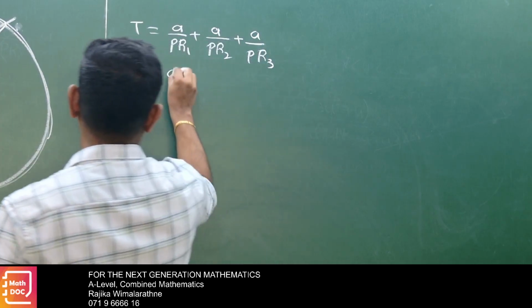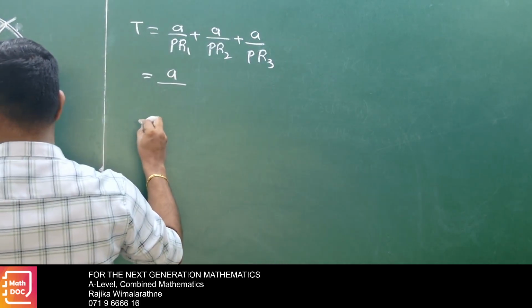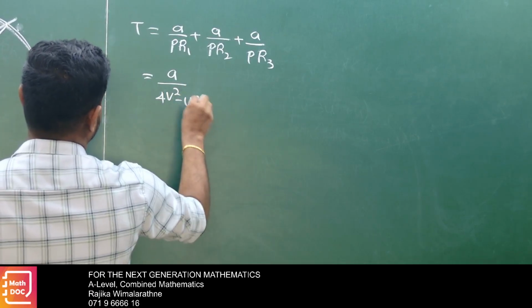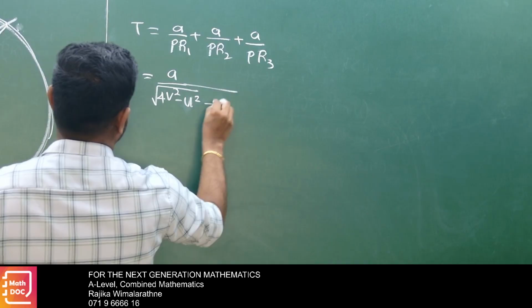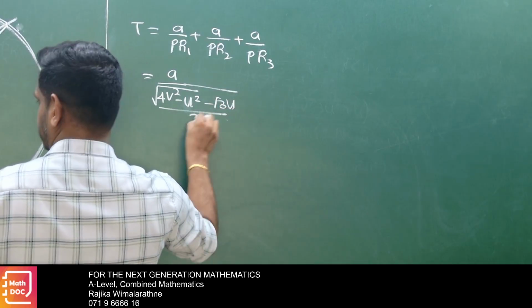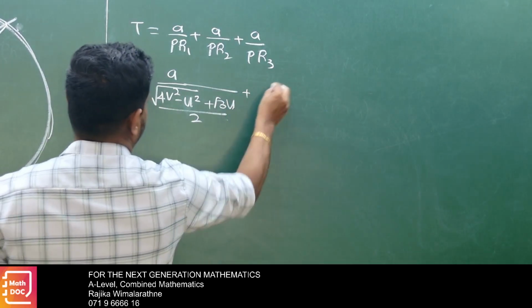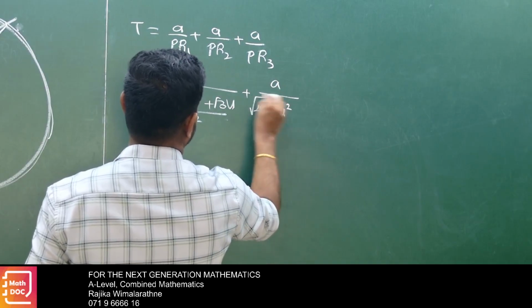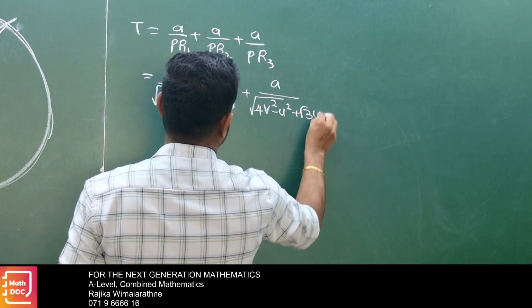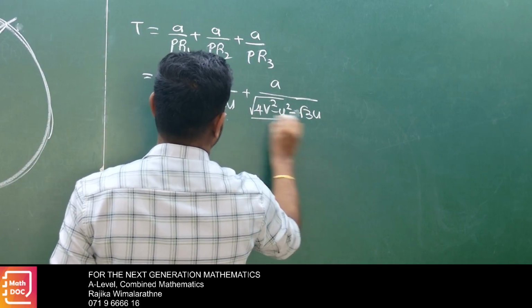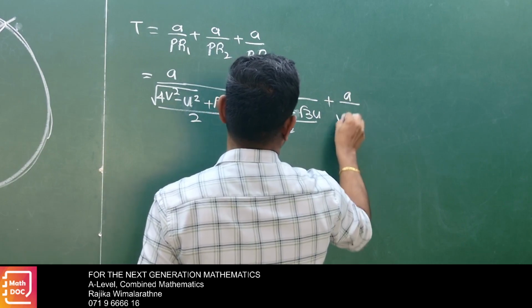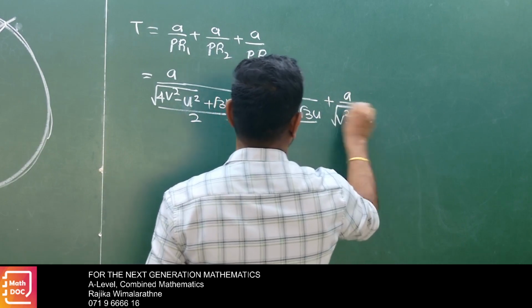Now A over PR1: 4V square minus U square root, √3U/2. A over 4V square minus U square root minus √3U over 2, plus A over V square minus U square root.